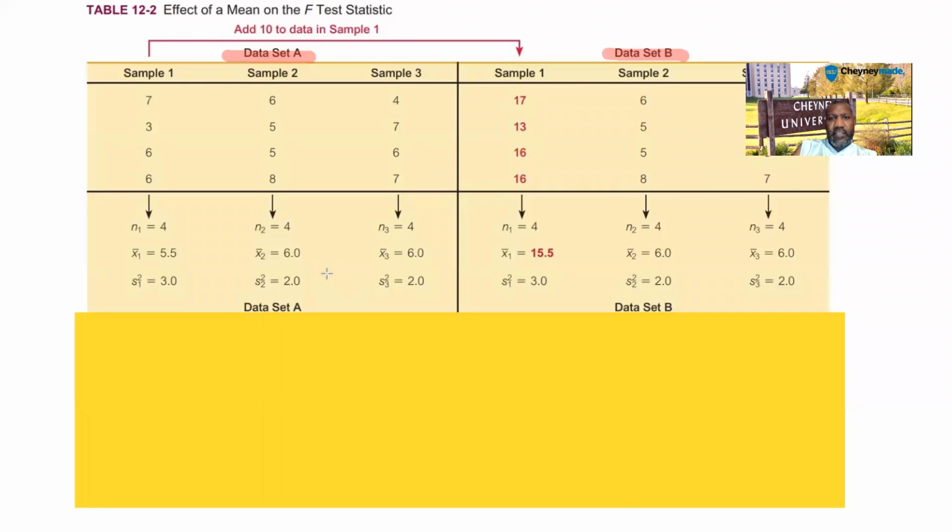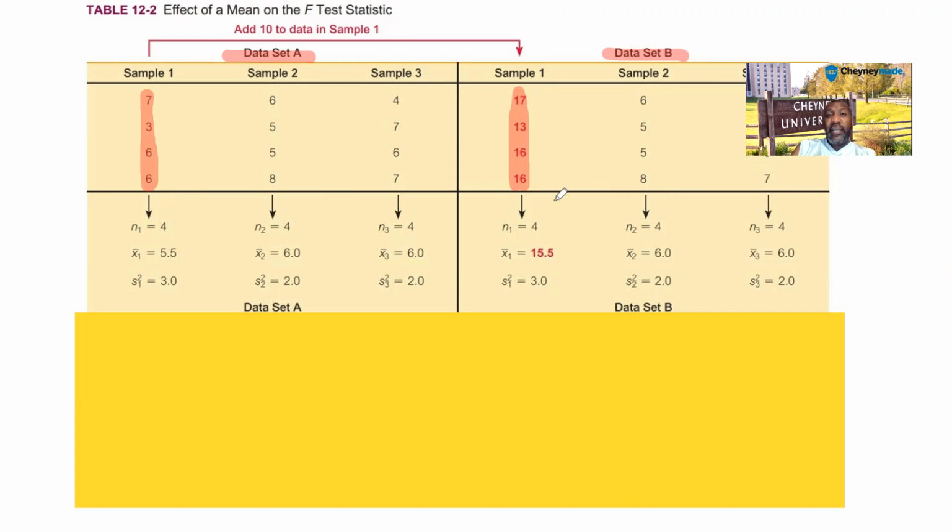Because now we're focusing on exactly what you mentioned. These values are different from these values. How are they different? It's added 10 to the other sample, which is the sample that we have over here.